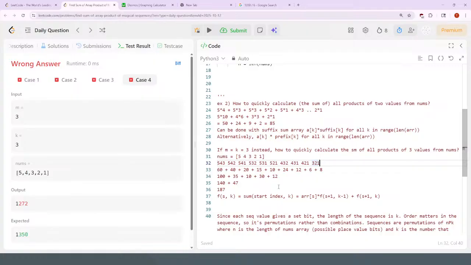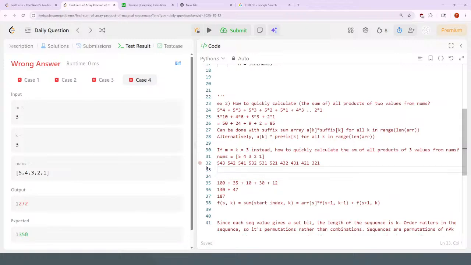Okay, so 1, 2, 3, 4, 5. Why is there only 9 summations here? Okay. 60, 40, 20, 10, 30, 15.